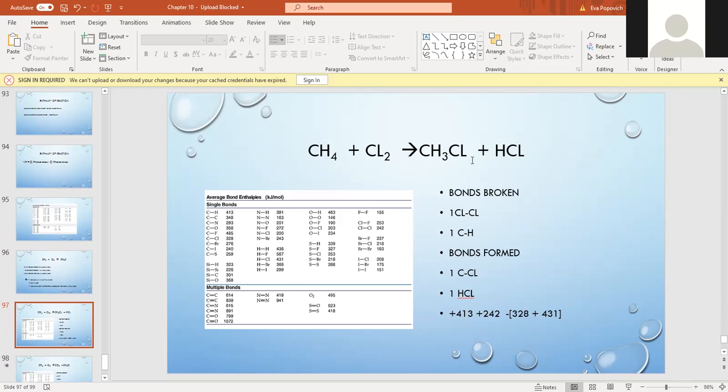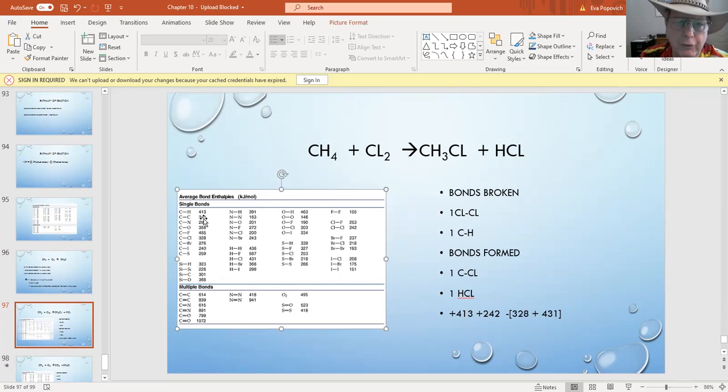So I have how many CH bonds? 3. How many CCl bonds do I have? 1. Okay, so I would multiply 3 times 413. And remember, we're subtracting the bonds forming from the bonds being broken. So minus 3 times 413 plus CCl, I've got to find it, CCl plus a 328.